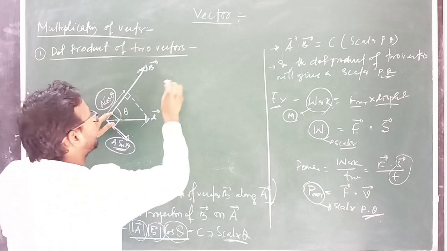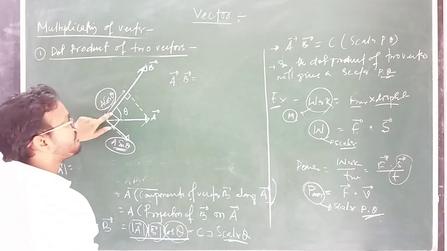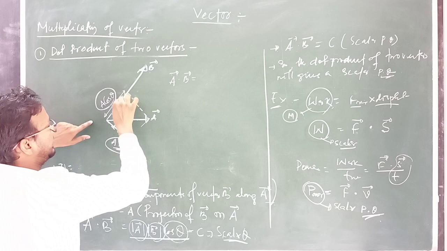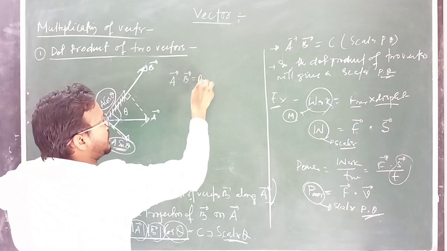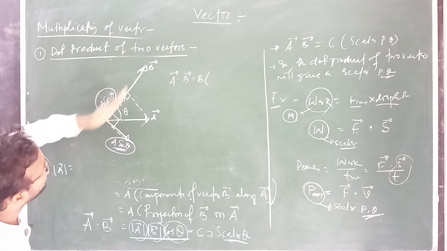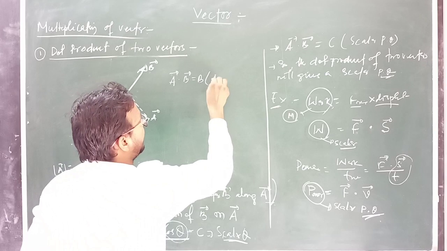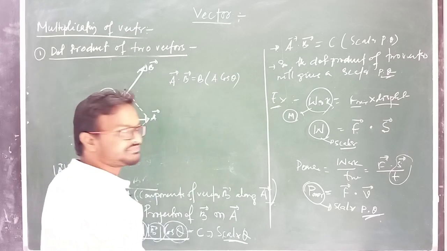So you can take here, A vector dot B vector equals magnitude of B into component of vector A along B, or projection of vector A along B, and here A cos theta.